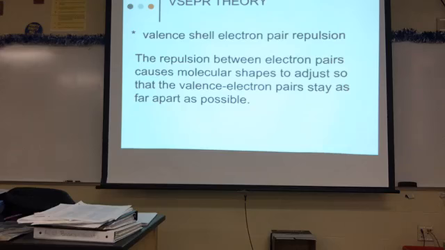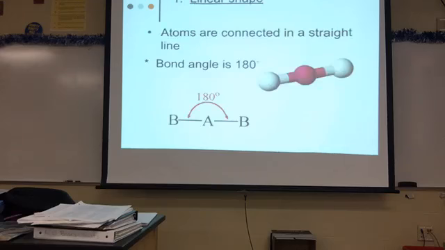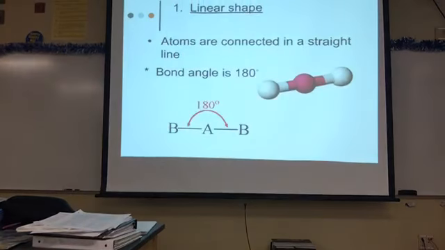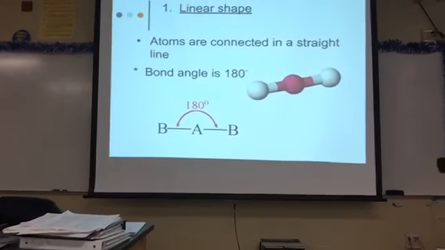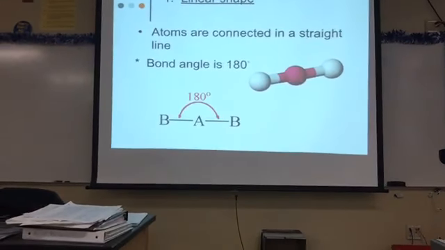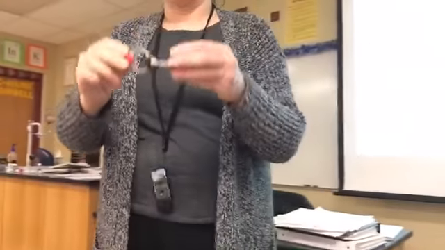Okay? The first shape we're going to look at is linear. Linear shape means they're in a straight line. Carbon dioxide is a linear shape. Okay? Carbon dioxide, this is a linear molecule. Right here. All of the atoms are in a straight line.